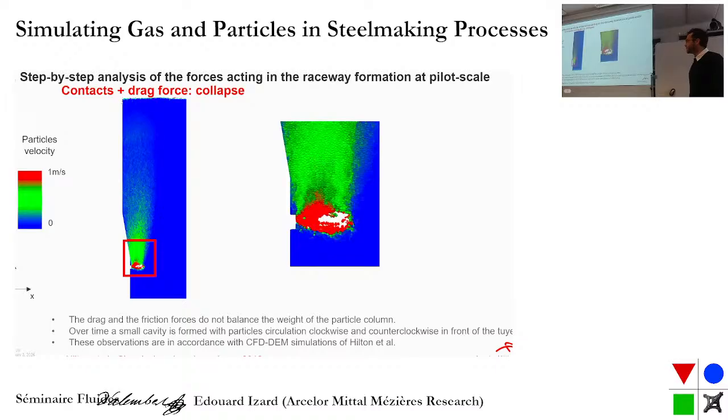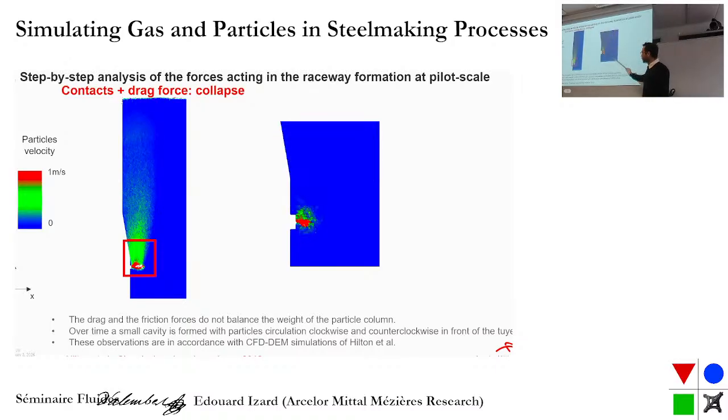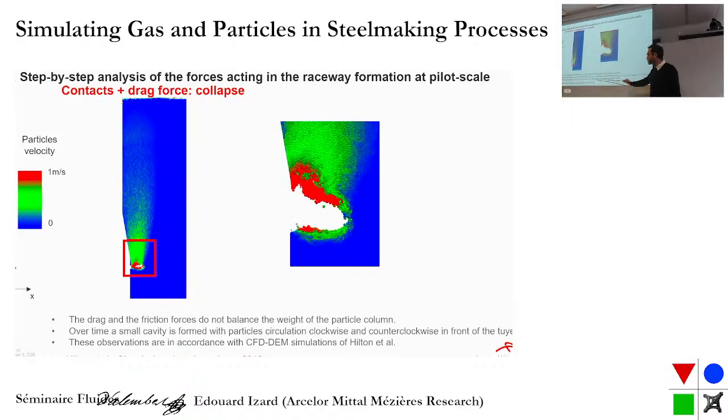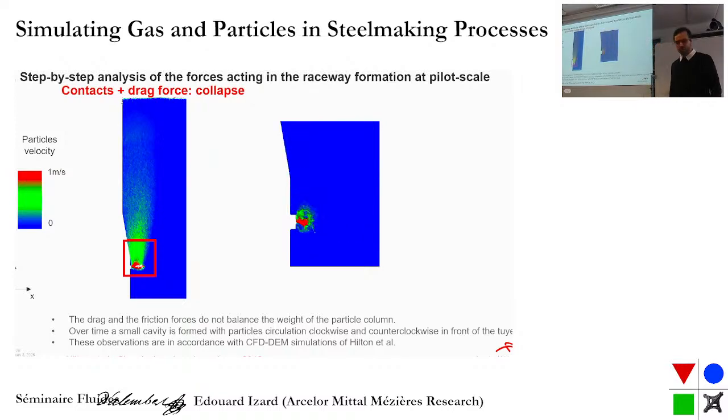And if we look at long time, we have 2 counter-rotative movements of the particles in front of the injector. These are observations that are in accordance with other CFD-DEM simulations done by Hilton in 2012.